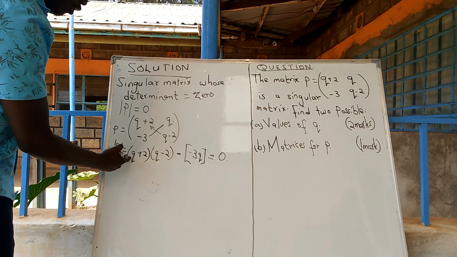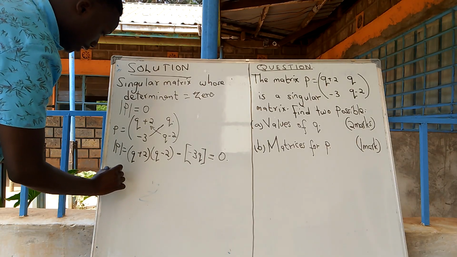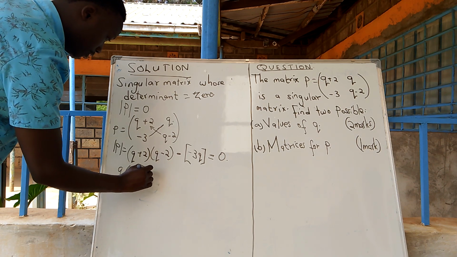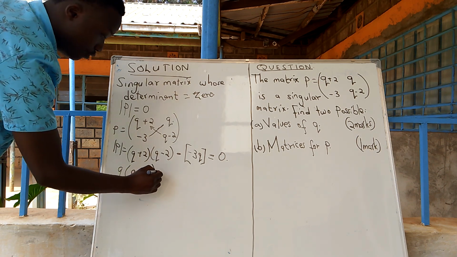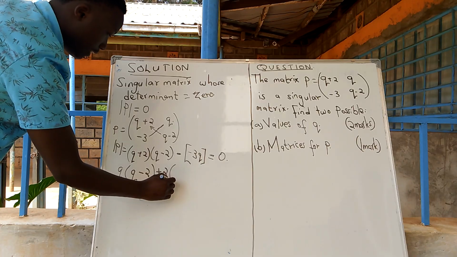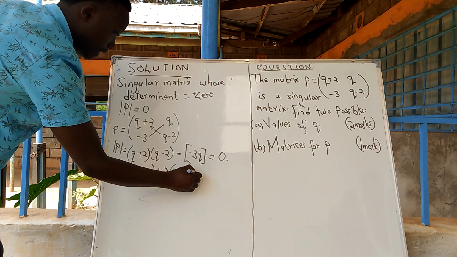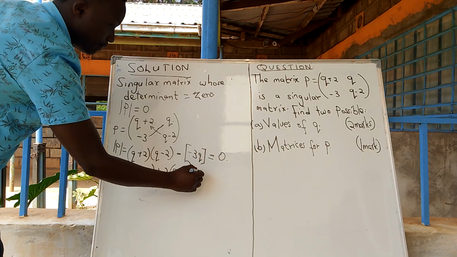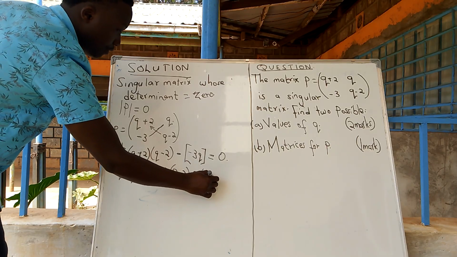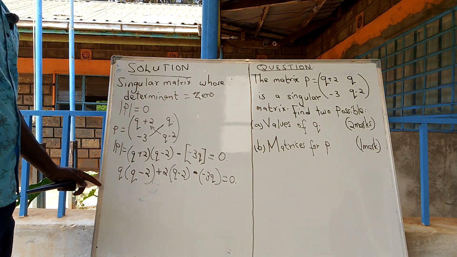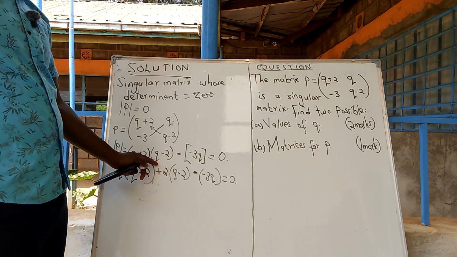So tuta open hii to multiply, tutakuwa na Q into brackets Q minus 2, then tuchukue plus 2 tuweke into bracket Q minus 2, then minus 3Q is equal to 0. Ukiangalia hii poa, this is a difference of 2 squared.